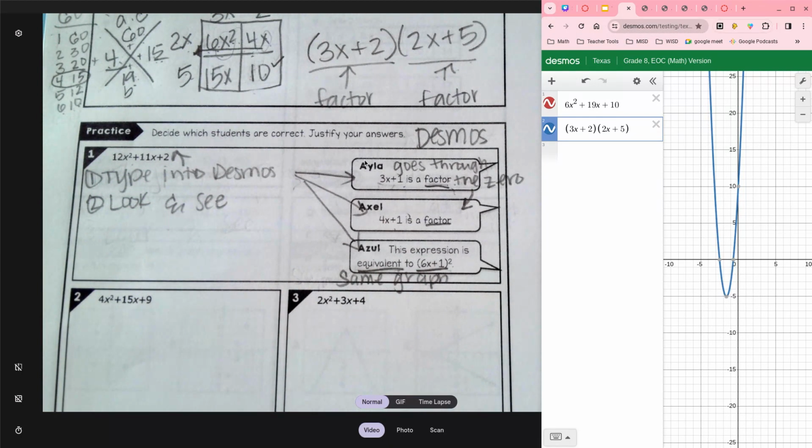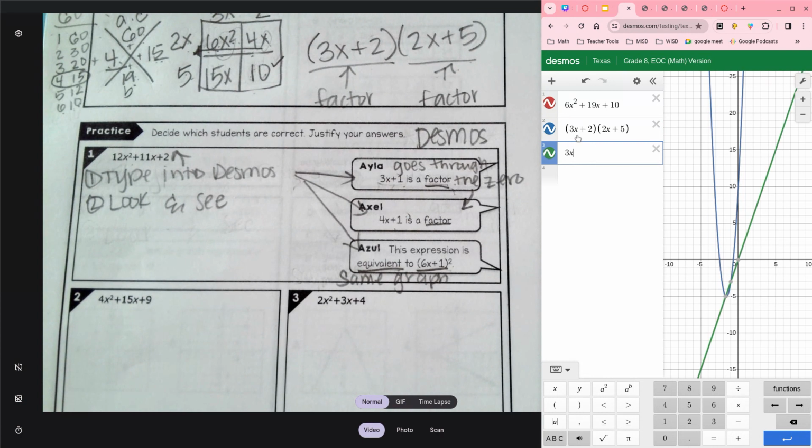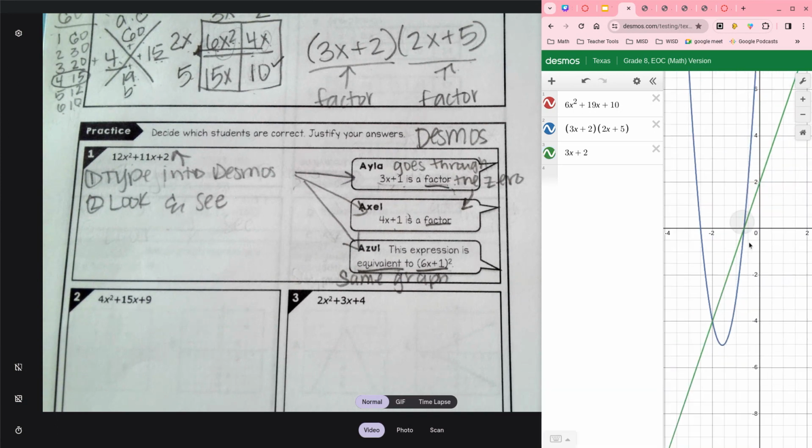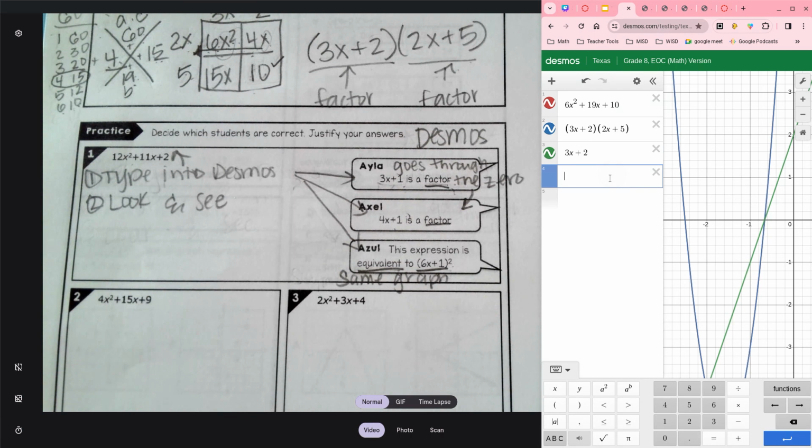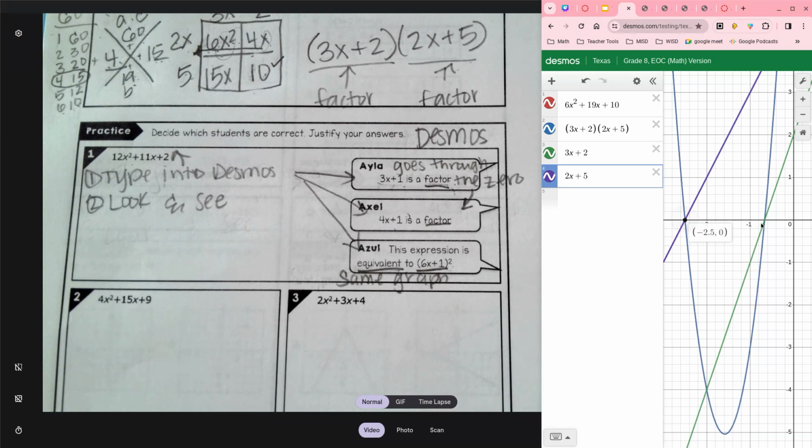Let me show you what I mean. So we're still looking at this first one. If I were to type each of these in separately, 3x plus 2, notice it goes through the x-intercept, as does 2x plus 5. It also goes through the other x-intercept.